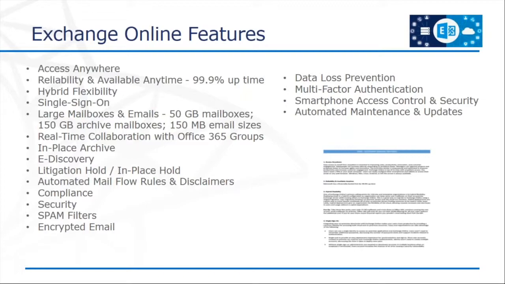So let's move on to the next feature. It's large mailboxes, 50 GB. It comes with the Exchange Online 1 plan, whereas with the Exchange Online 2 plan you have unlimited. Earlier with Exchange on-premises, the administrator would define limits like a 5 GB or 3 GB quota, and they could define attachment limits as well.